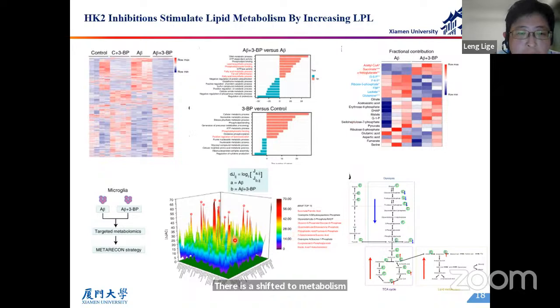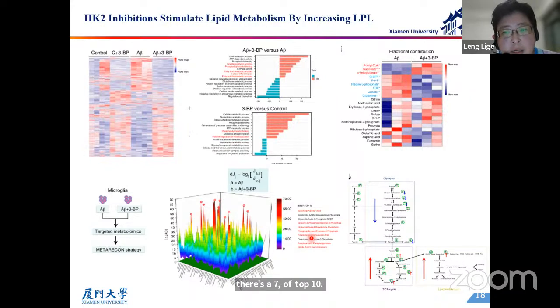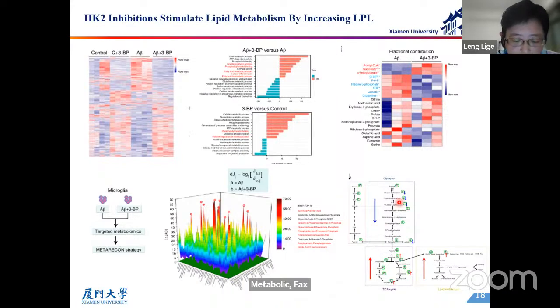We also used AI machine learning to find which metabolic pathways were enriched. We also found that 7 of the top 10 pathways were enriched in lipid metabolism. Next, we also used carbon 13 flux metabolism to see the metabolic flux. We can see that there is also a metabolic flux to lipid metabolism.